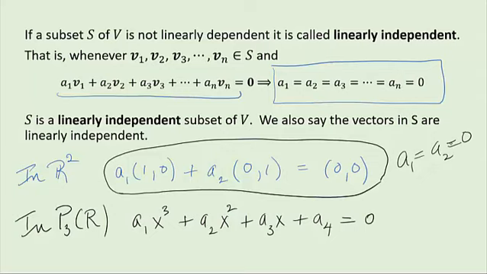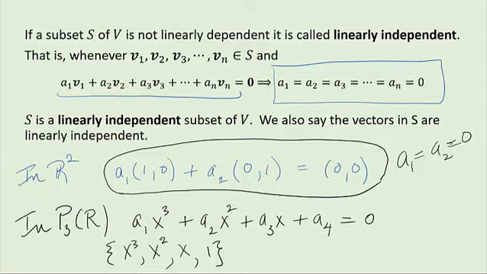Another example, in the set of polynomials of degree less than or equal to 3, P3 of R, the vectors x cubed, x squared, x, and 1 form a linearly independent set.